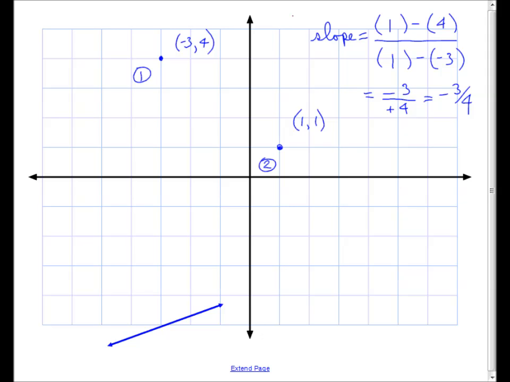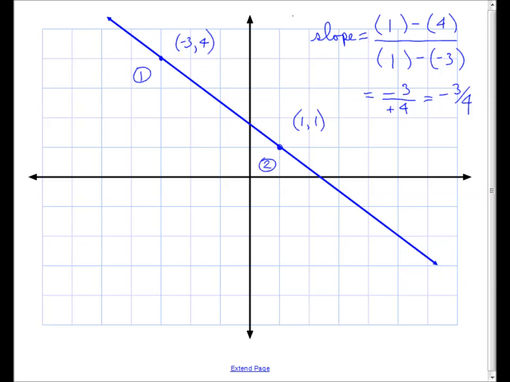Well, we also know that 2 points determine a line, so if I place a line through these 2 points, we would refer to the slope of that line as being -3/4, and we could get it by picking any 2 points on the line.